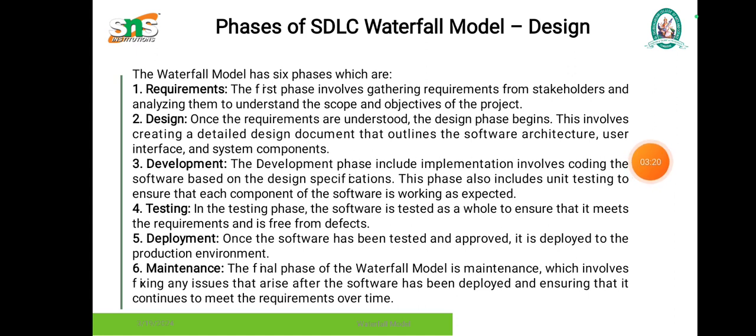And the sixth stage is maintenance. This is the final stage of the waterfall model, and it involves fixing any issues that arise after the software has been deployed and ensuring that it continues to meet the requirements over time.